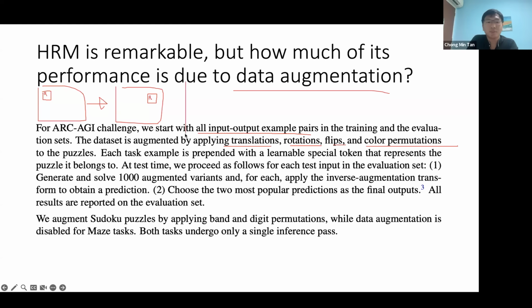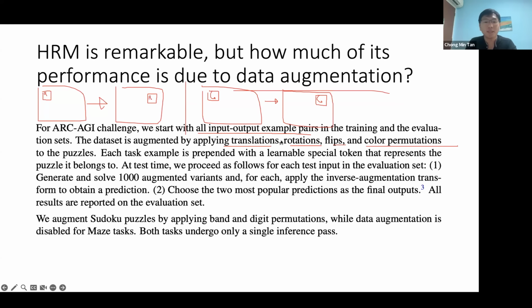Then we do color invariance: now it's a green square, and you flip it. People have done studies on the ARC-AGI challenge, and augmenting like this improves performance drastically because there are too few input examples. Easily a 20-30% improvement is possible. You can also augment with symmetry, rotation, and so on. That's what they did here.